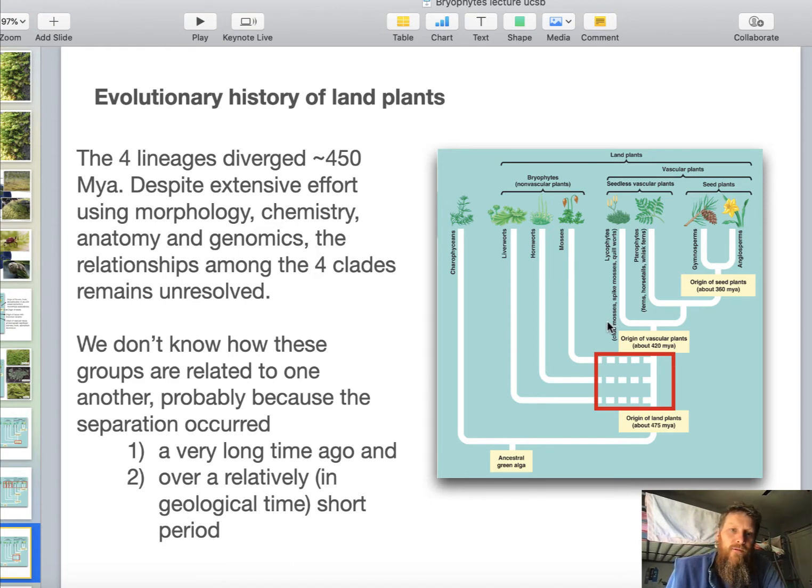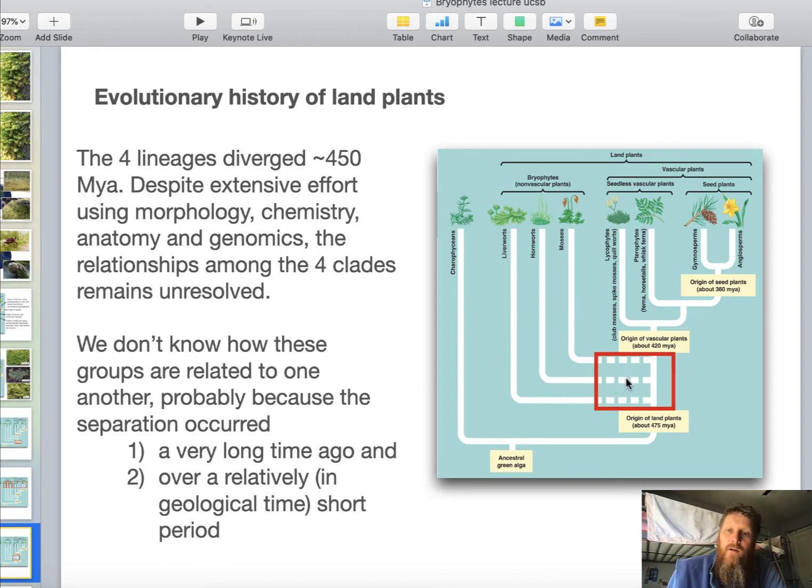The reason for that, it's not that we haven't tried, but that this event or series of events happened a very long time ago, somewhere in the neighborhood of 450 million years. And it also probably happened relatively quickly. So there just wasn't a lot of opportunity for either anatomical evolution or nucleotide substitutions or mutations to arise between when these different lineages split off from one another.